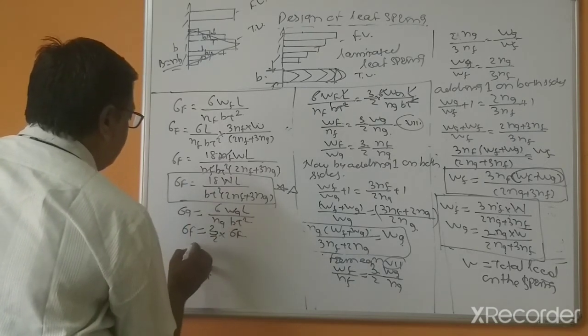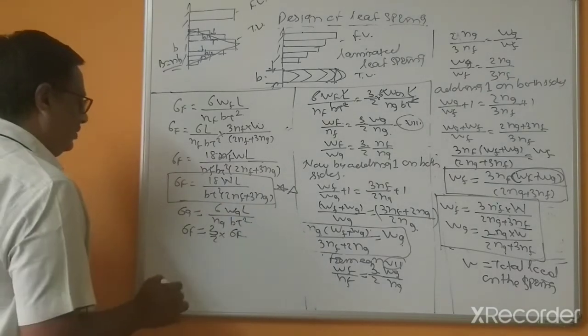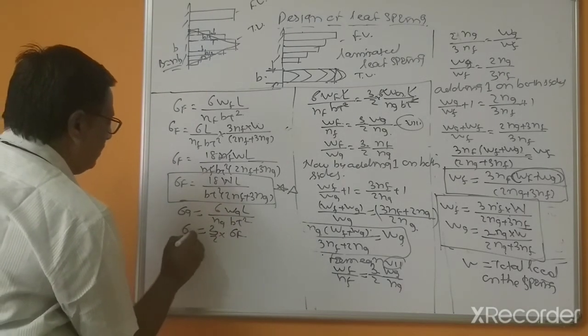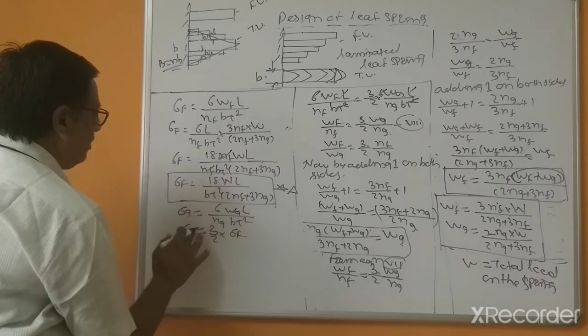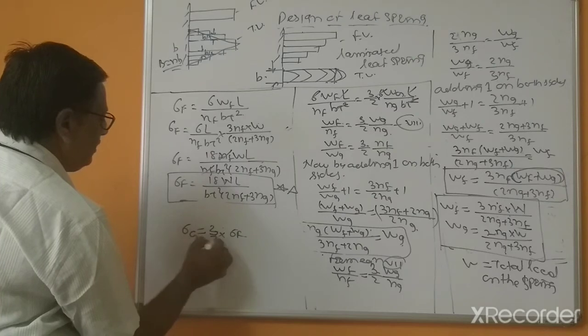Otherwise directly we will put the value of the σf. So this is σg equal to, because this is σg equal to.